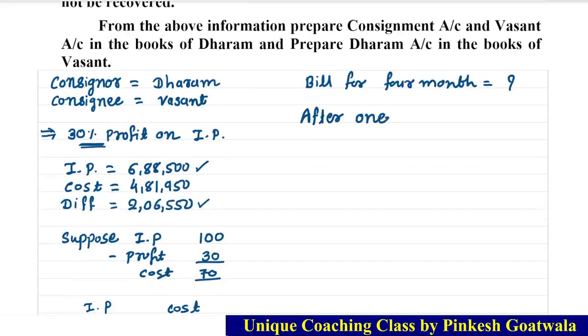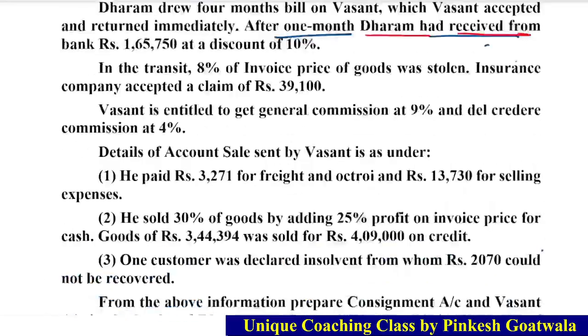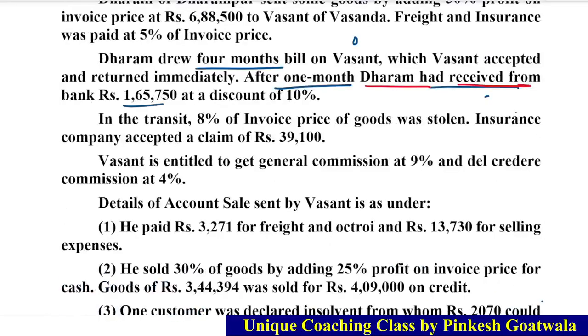After 1 month. Discount, how much? 10%. And how much amount received? And received from bank. bank માંથી કેટલા receive થયા? We received 165750.